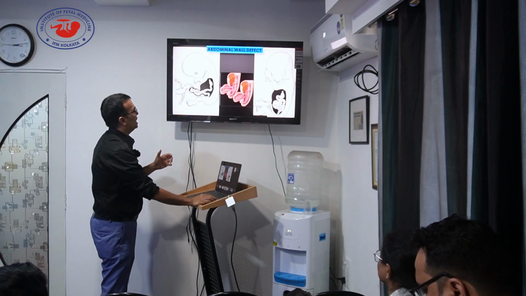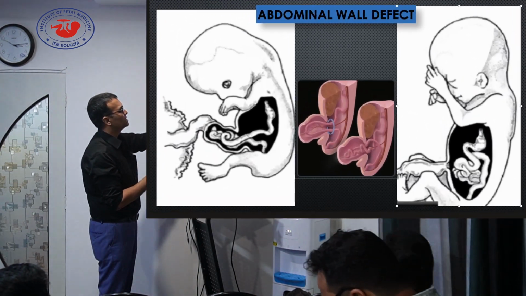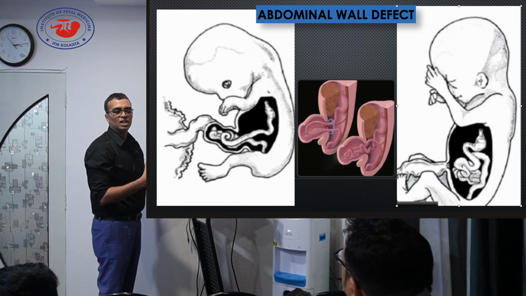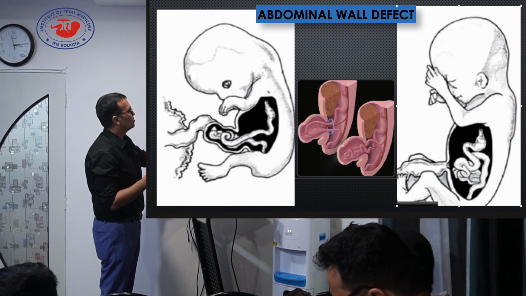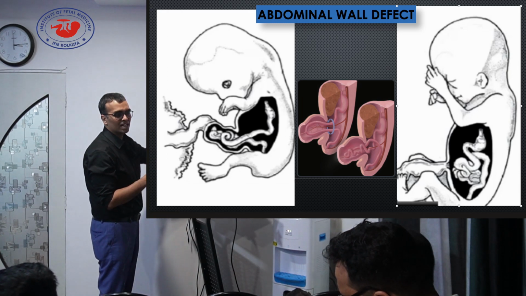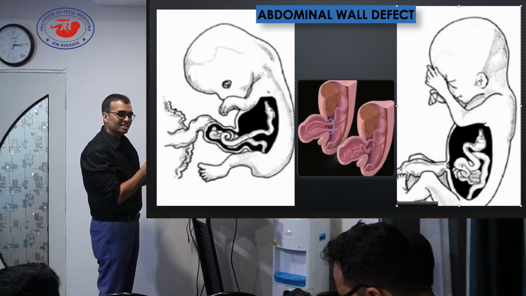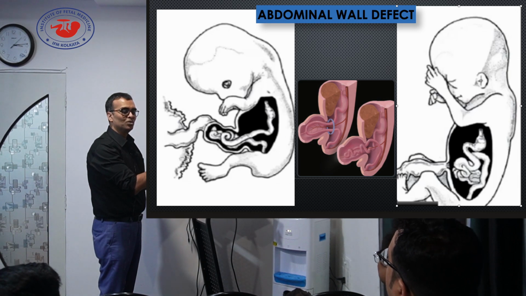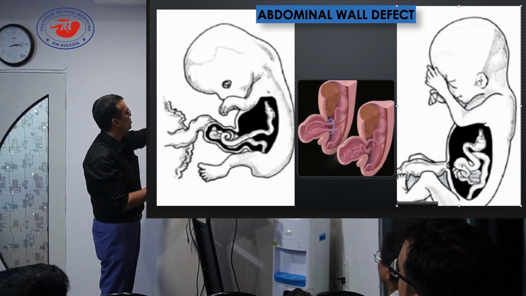But apart from that, one more thing we have to remember is that at around the 6th to 7th week, the abdominal cavity of the fetus is not that capacious. It is small in volume, so it is not able to accommodate the entire gut within itself. So what it does is take the gut, rotate it 90 degrees, and push it into the extra-embryonic coelom through the umbilical cord. So there is herniation into the umbilical cord.